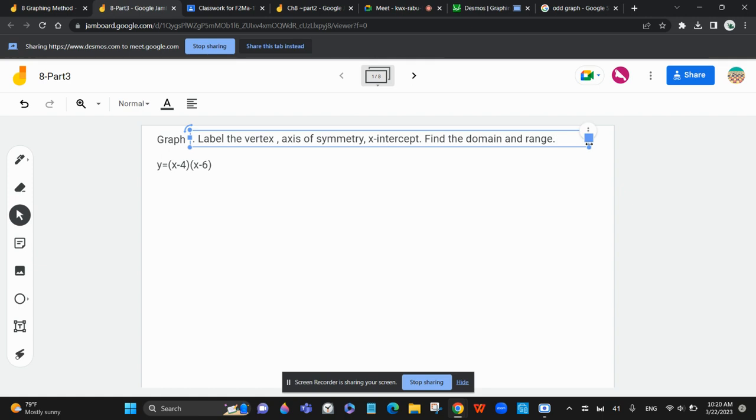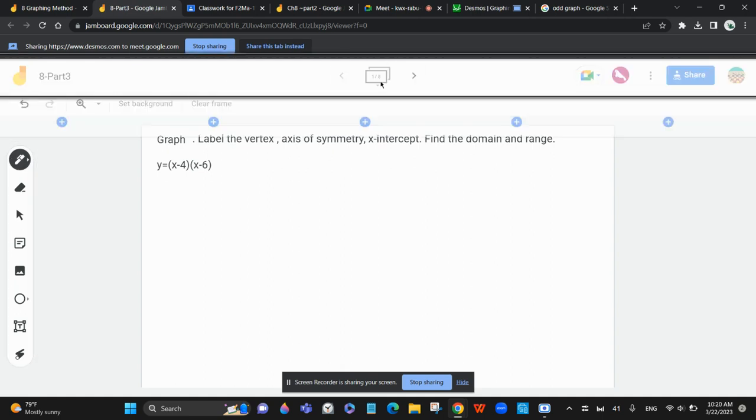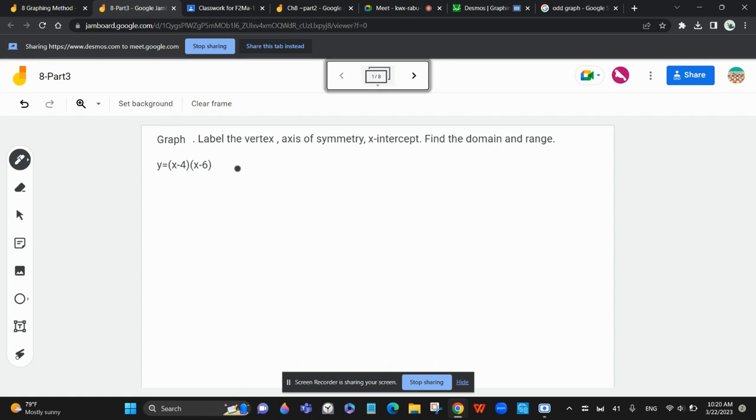So if we are given the intercept form, you can try to graph the function in this intercept form.